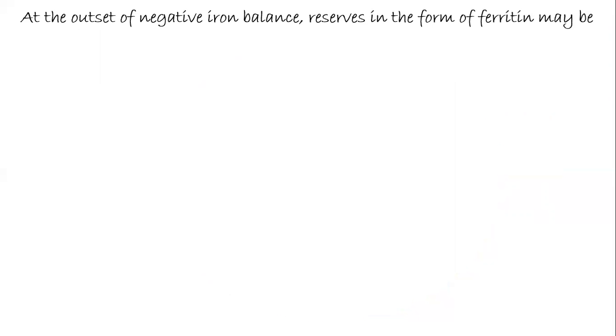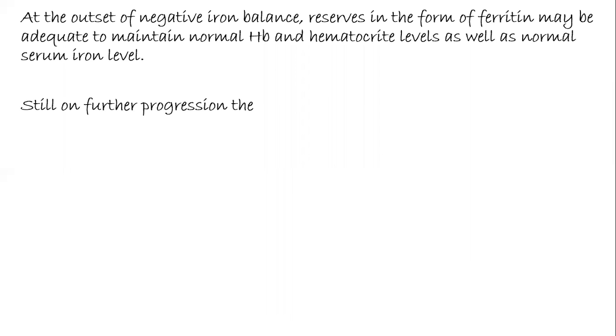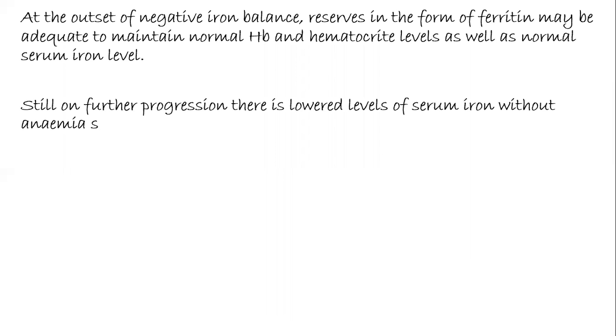At the outset of negative iron balance, reserves in the form of ferritin are adequate to maintain the normal hemoglobin and hematocrit levels as well as normal serum iron level. Still, on further progression, there are lowered levels of serum iron without anemia symptoms. So our body has the capacity to store iron.